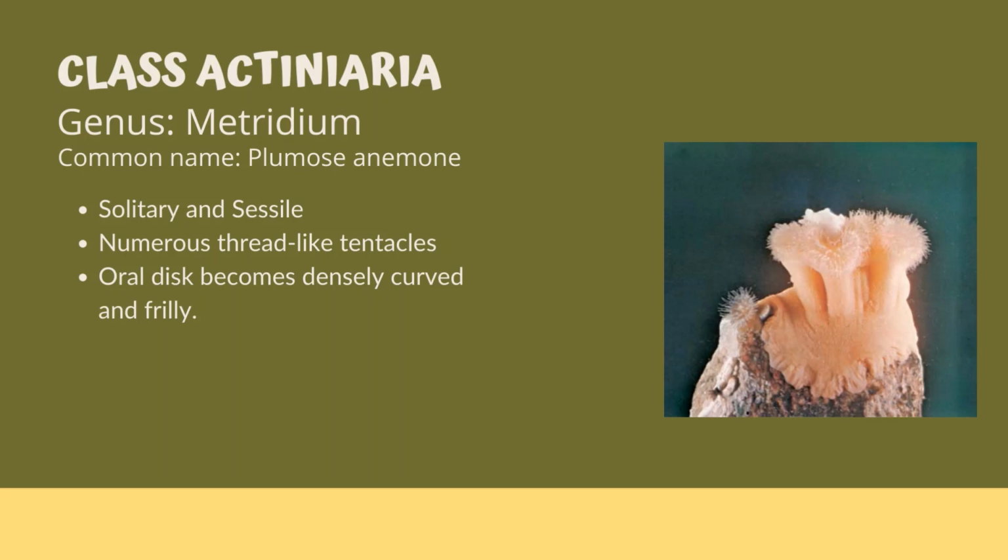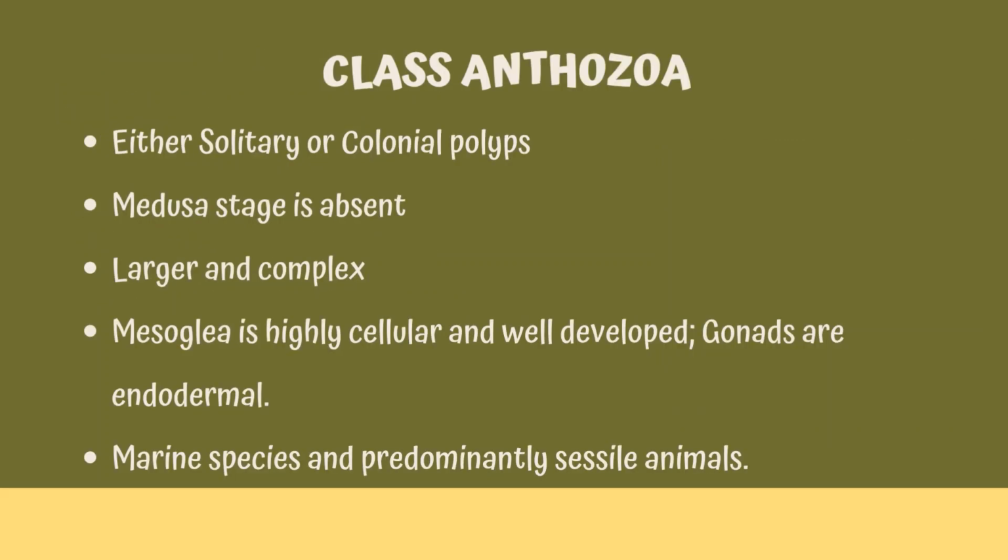Now, under Actiniaria is the genus Metridium, also known as plumose anemone. They are characterized by their numerous thread-like tentacles extending from atop a smooth cylindrical column and can vary from a few centimeters in height up to 1 meter or more. In larger specimens, the oral disc becomes densely curved and frilly.